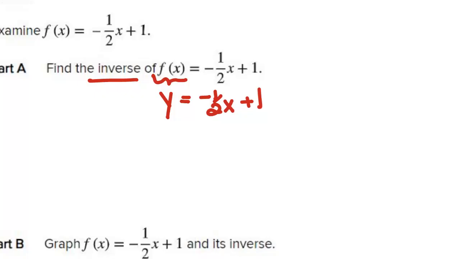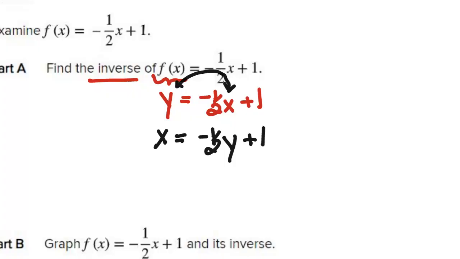Since we are finding the inverse, you need to switch out the x and the y. So go ahead and do that. So when you do that, you get x is equal to negative 1/2 y plus 1.